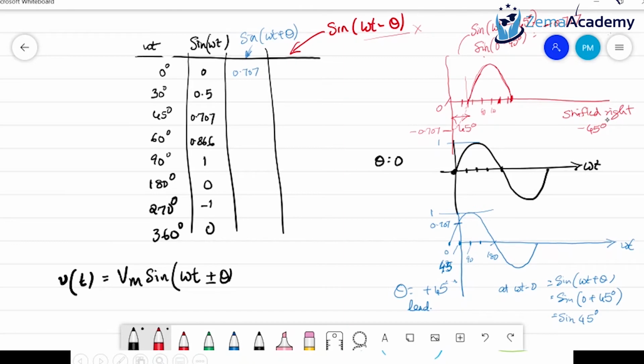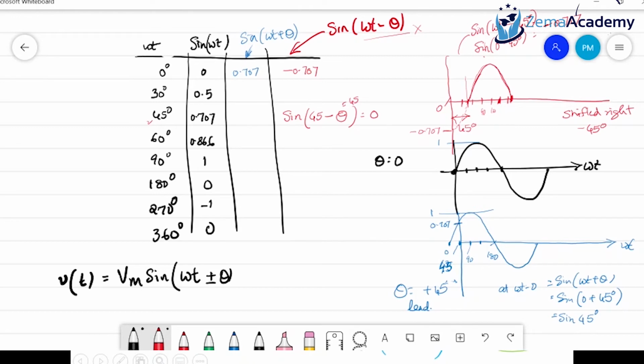And when omega t equals 45, that will be sine 45 degrees minus theta, which is also 45, so that should be 0.